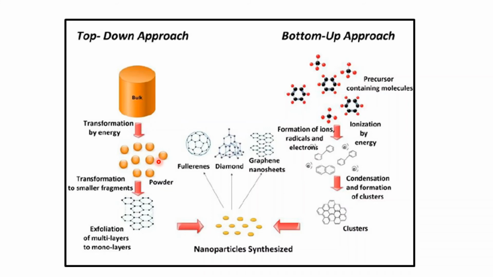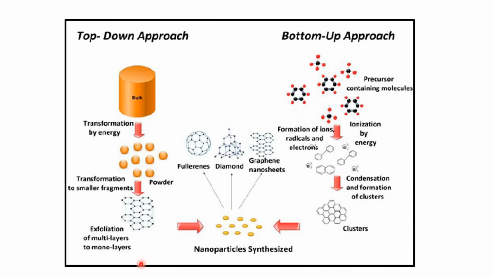When you convert this bulk metal to powder, the properties of the metal do not change too much, but when you convert this powder to nanoparticles or nanomaterials, the properties are greatly enhanced. So in this top down approach, you are reducing the size from bulk material to powder, then to nanoparticles.